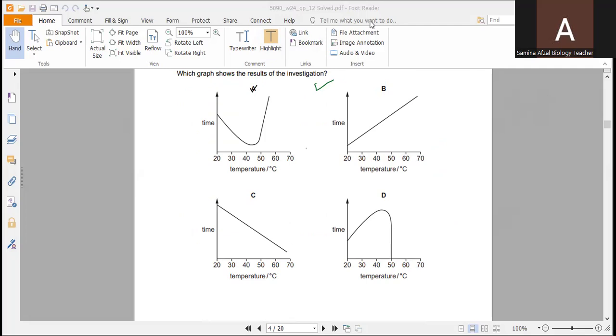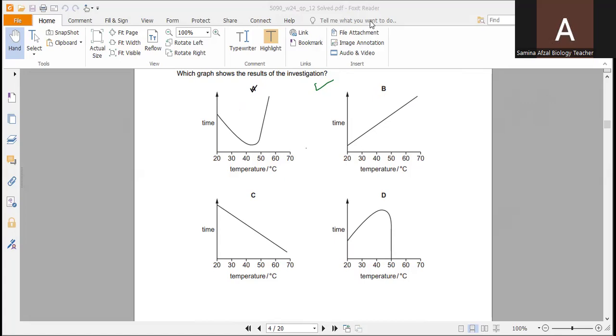First of all, the experiment is investigating catalase, an enzyme in potato tissues, which breaks down hydrogen peroxide into water and oxygen. Then the experiment varies the temperature from 20 to 70 degrees centigrade.